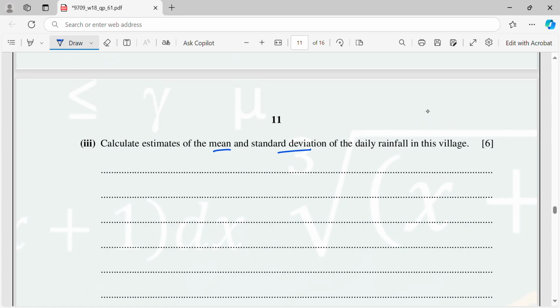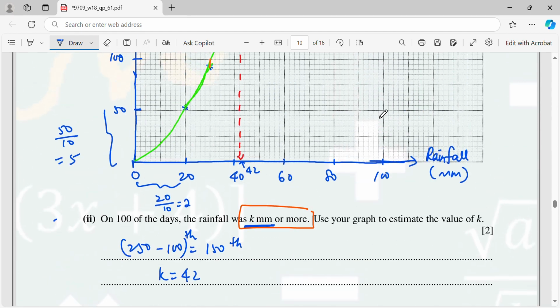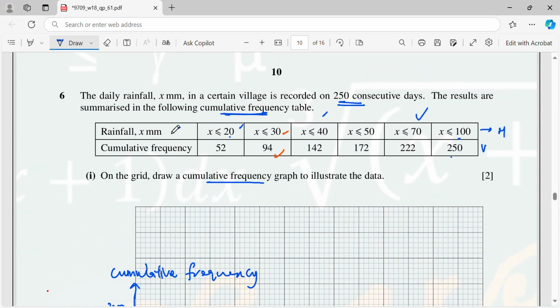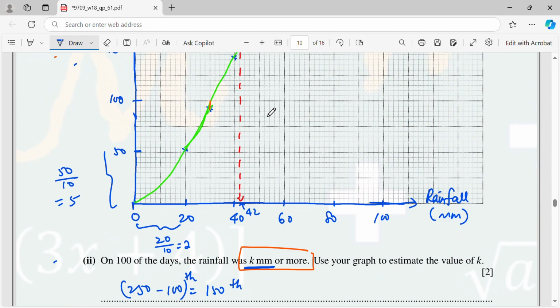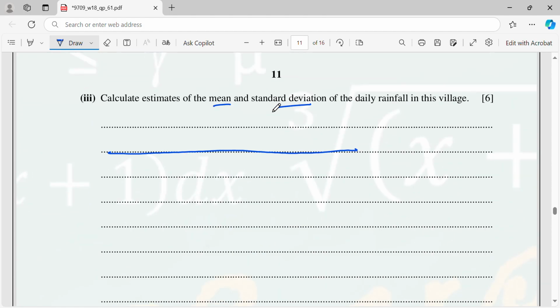Okay, so now I have to construct the table because you were given the cumulative frequencies and also the rainfall. All these rainfalls are the upper class boundaries. So I will say that less than or equal to 20 means from 0 to 20. So now here I will write my x is basically 0 to 20.